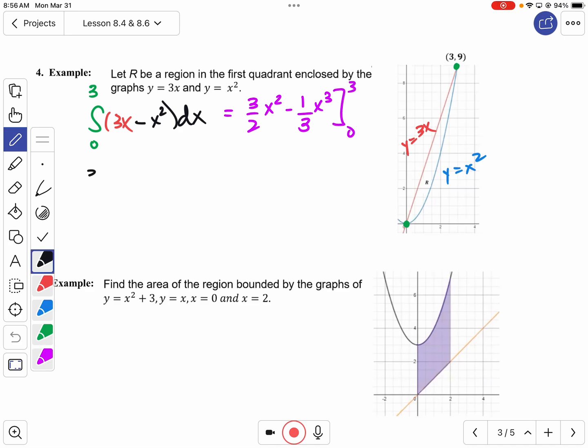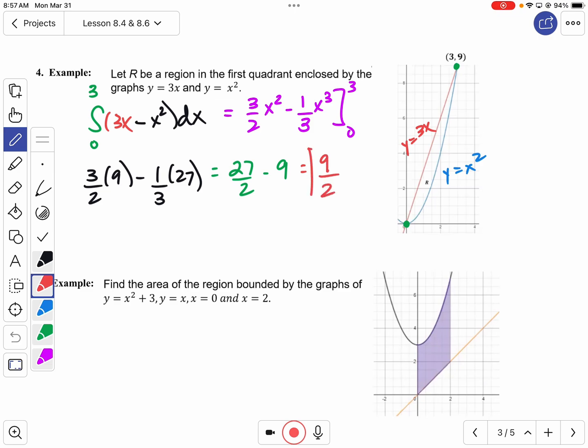We'll start with that 3, so it's going to give me 3 halves times 9 minus 1/3 times 27. Nice, when I put in 0, it's all going to go away. And so that would give me 27 over 2 minus 9, which is 18 over 2. So 27 minus 18, 9 over 2.